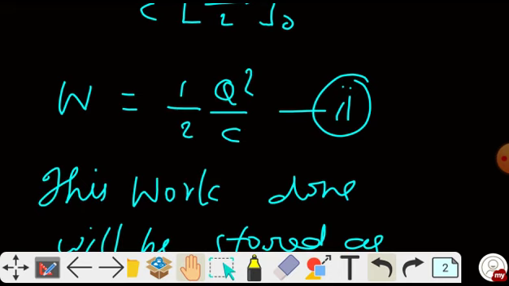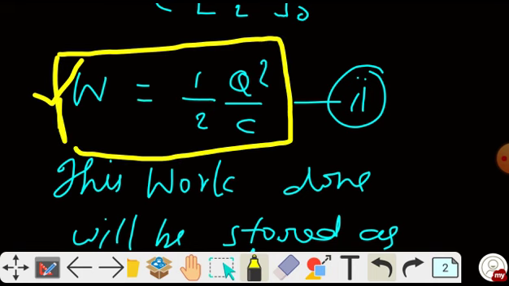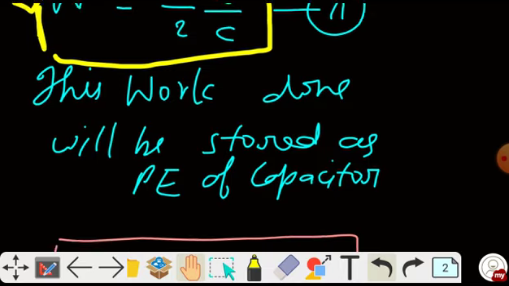After putting the limits, you get the final expression of work done as half Q square by C. So this is the work done by the battery in charging the capacitor up to charge capital Q.